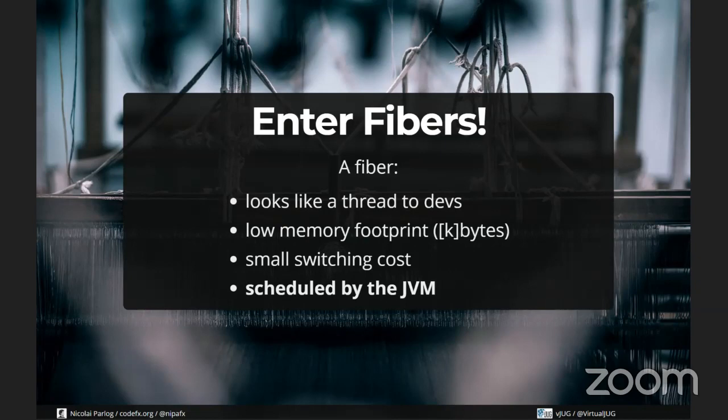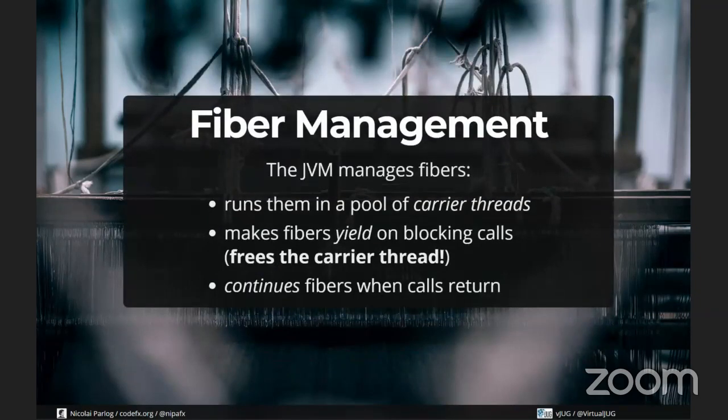And that's pretty cool, because what you can do then is rely on the JVM to manage a couple of things for you. There will be a carrier thread pool in the background that runs these tasks. But the important part is that fibers, if they ever end in a blocking call, they yield. They don't actually block the thread. A fiber says, oops, the database request, I'm yielding.